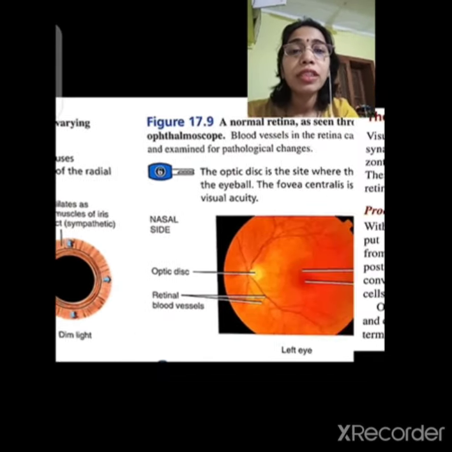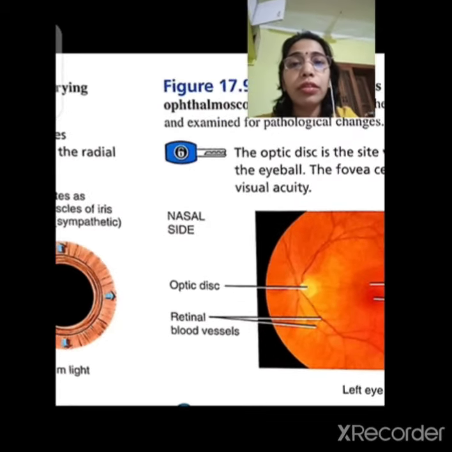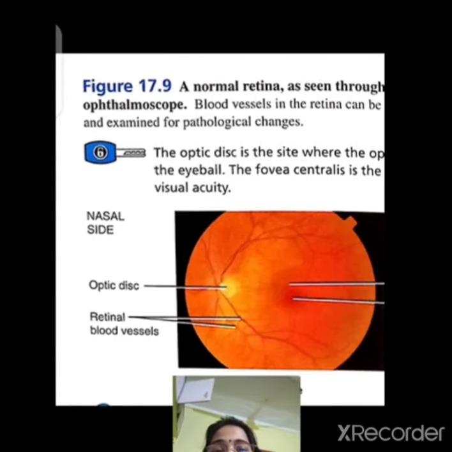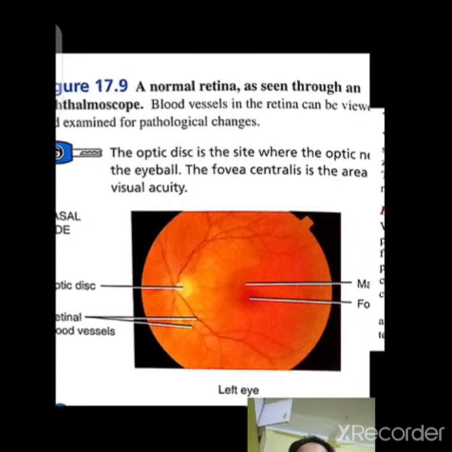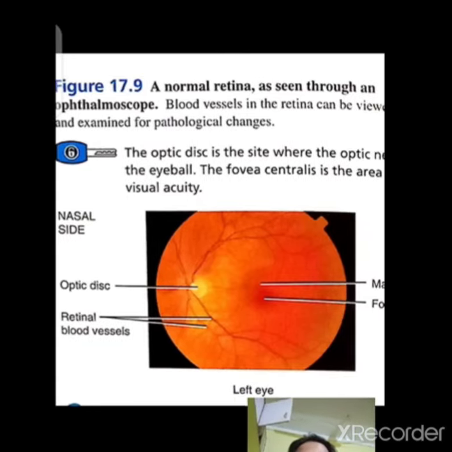Now you can see here our normal retina as seen through an ophthalmoscope. When you see things through an ophthalmoscope, how will they look? Blood vessels in the retina can be viewed and examined for pathology.